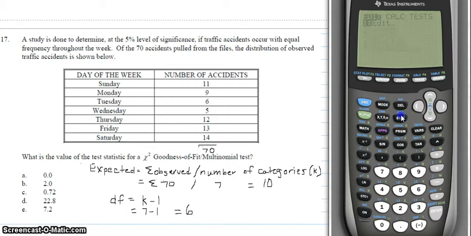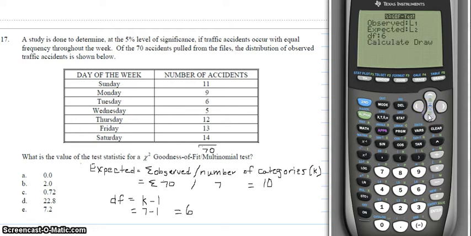Now we're going to go back to Stat. This time we're going to arrow over to Test and arrow down until we find the chi-square goodness of fit test. There it is. Okay, our observed is in L1, expected in L2. The degrees of freedom is 6.